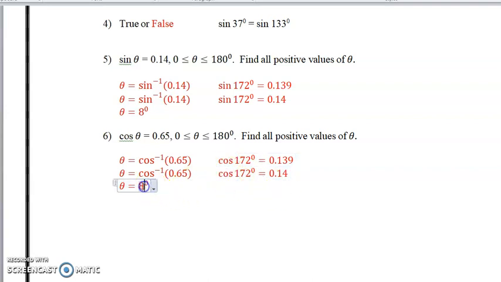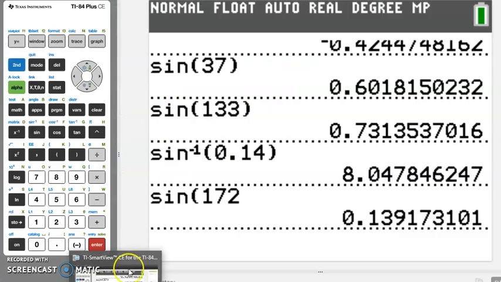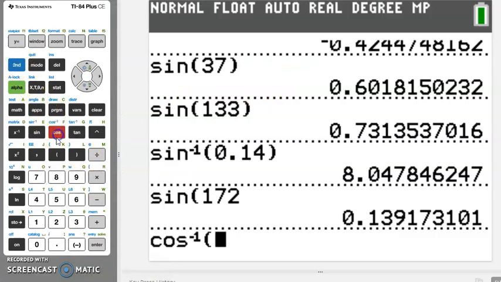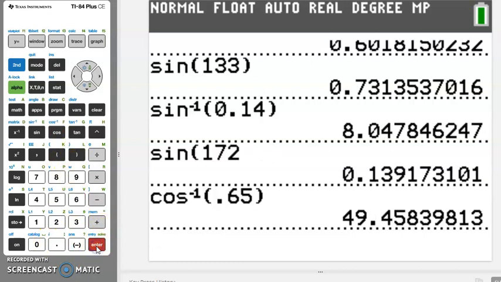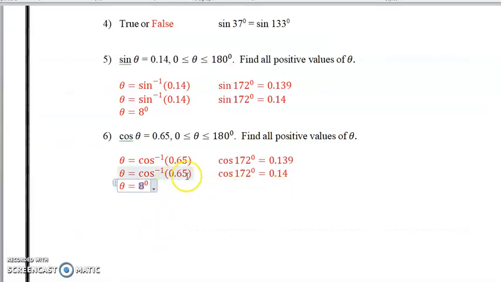So what do we get here? We take the inverse cos, second function cos, 0.65, and we get 49.6 degrees. Last one I left at decimal 0 because it was pretty close anyway.